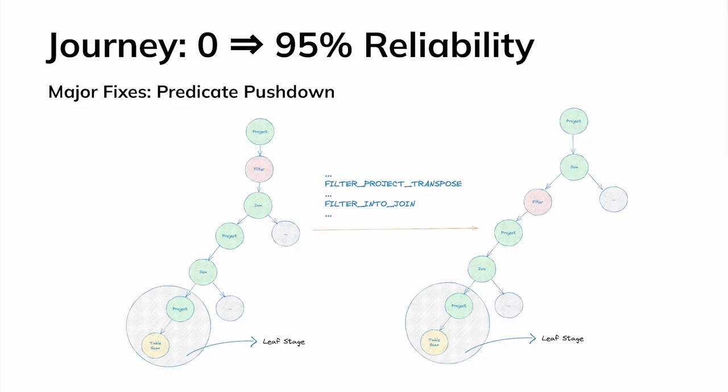In Calcite, you have rules like filter project transpose, filter into joins, which essentially look at two rel nodes, which are the two relational nodes. And they'll compare their properties and they'll try to do push down, or they'll try to merge them, or whatever, what have you. So that's how Calcite rules usually work.